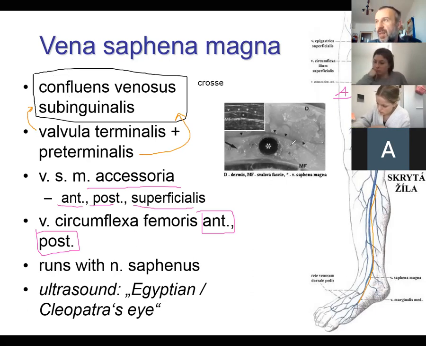And what we can see here on this figure is a transection of the skin and the ultrasound image. You can nicely see the great saphenous vein, and below you see the muscle fascia, in this case the fascia lata, and above you see the so-called saphenous fascia.